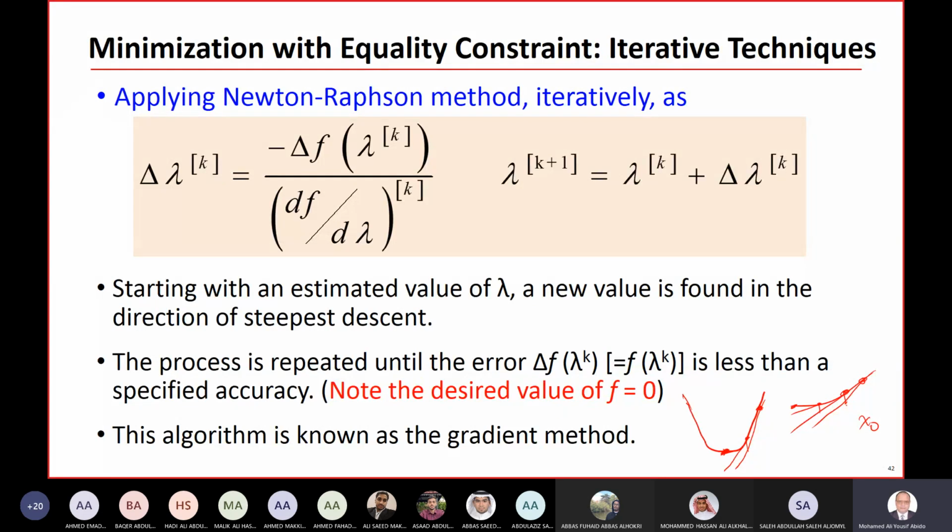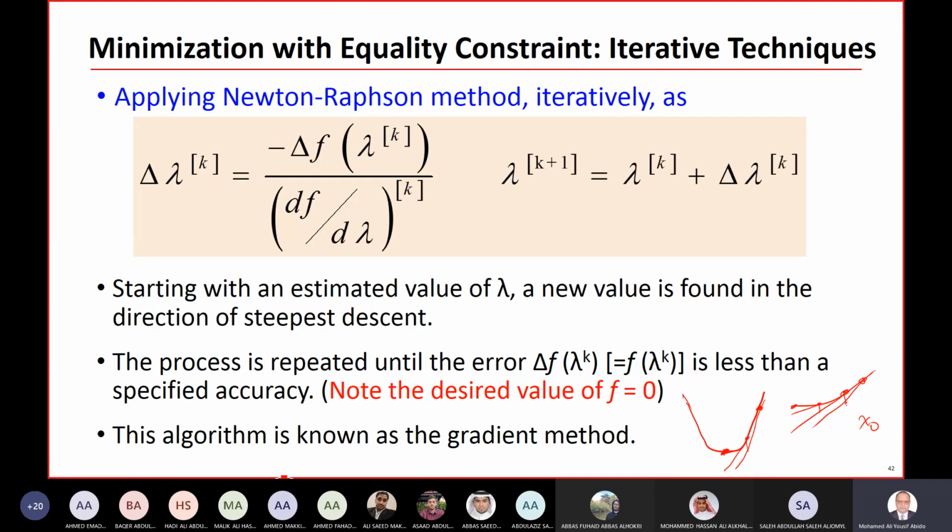Applying the Newton-Raphson method, delta lambda, or delta x, at iteration k equals minus f calculated at lambda of k, over the derivative also calculated at lambda of k. Once you get this delta lambda, you add it to the previous value to get lambda of k plus 1, which represents a better solution than lambda of k.